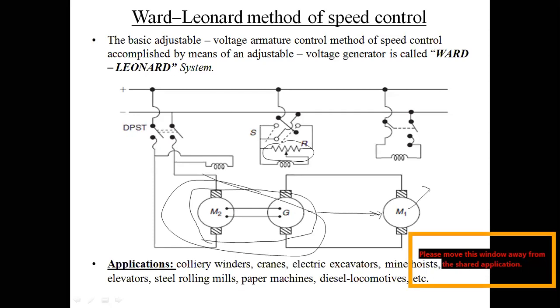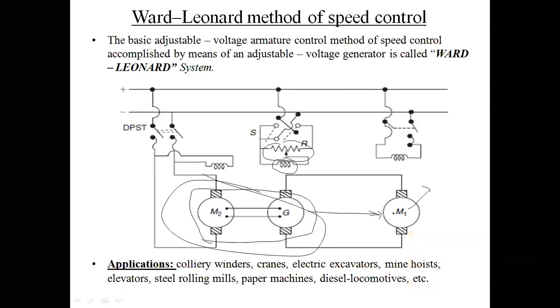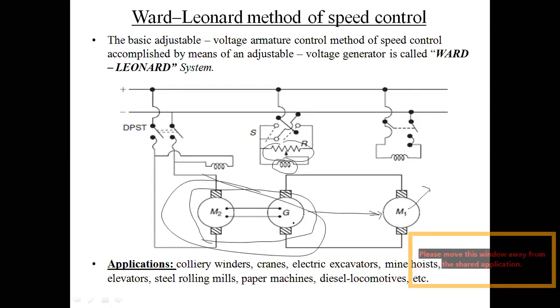As I said, this R is a potential divider. The current flowing through the field of your generator is regulated by this resistor, by moving from the initial point to the maximum point. Here M1 is your main motor, which is a variable speed motor. This G is your generator, which is a separately excited generator.